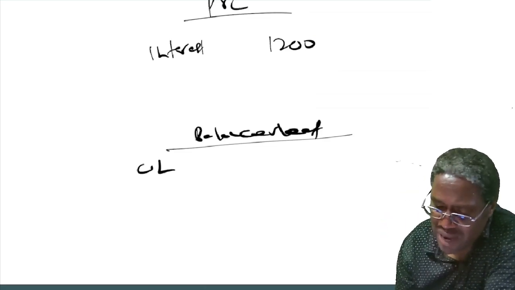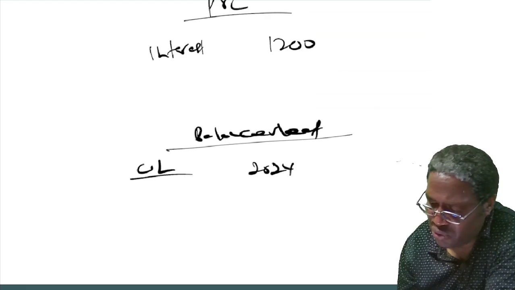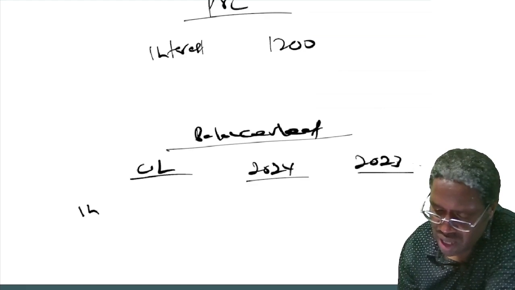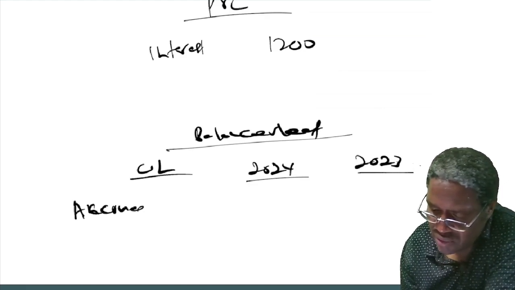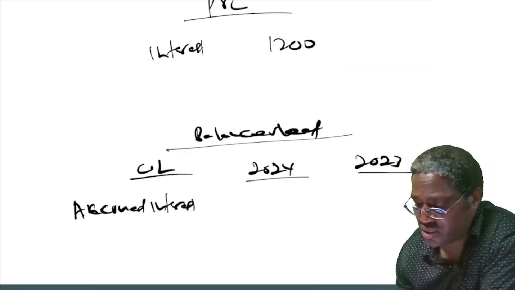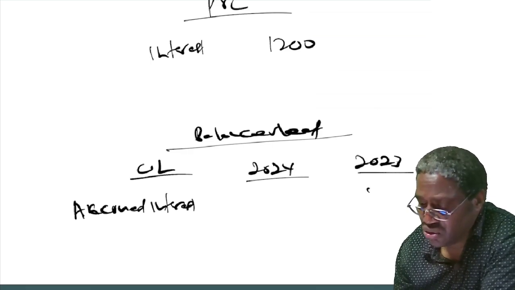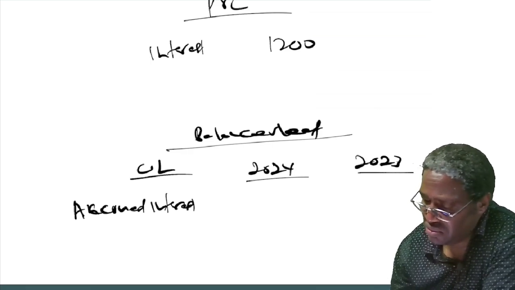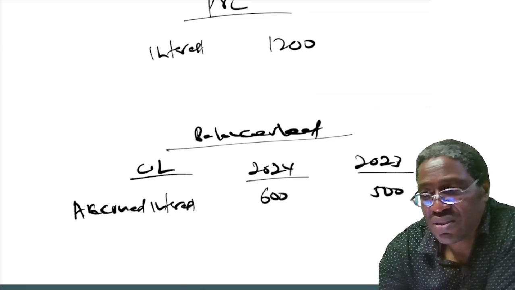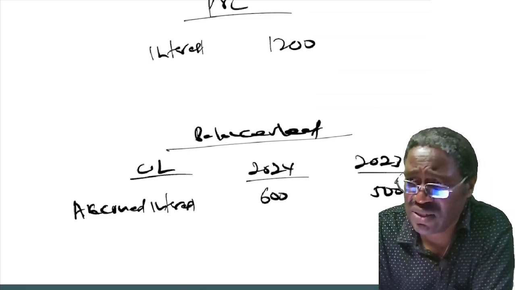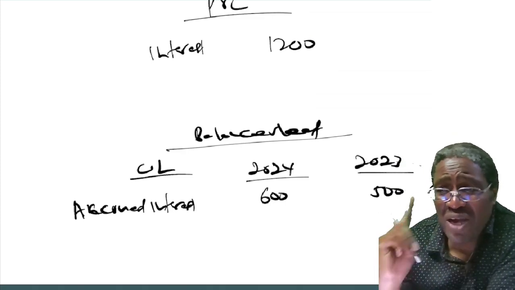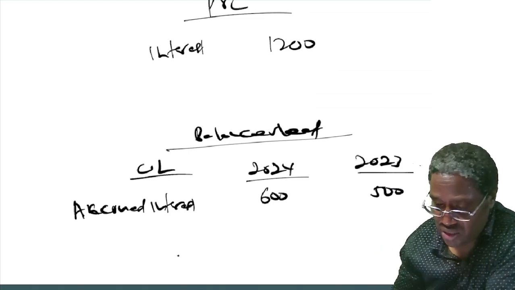Suppose in the balance sheet, among your current liabilities in the year 2024, 2023, you could have seen accrued interest of, let's say, 2,000 or maybe 500 and let's say 600. If there was accrued interest in the balance sheet, then to determine how much you paid, you would do this.